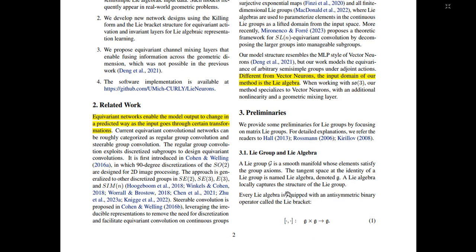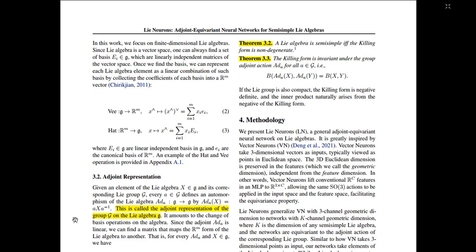And with the concept of Lie group and Lie algebra, we have a Lie group G, and we have a Lie algebra associated to it. We have the concept of a Lie bracket and so on. And we have to define some bases for this Lie algebra also, so that it behaves like a vector space.